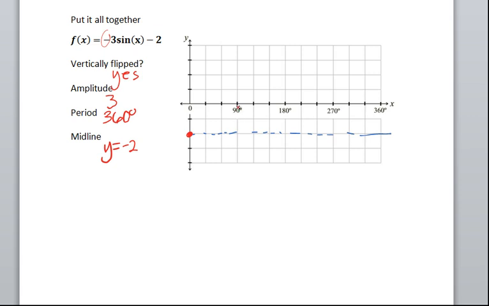So that means that I have to go up 3 from my midline, and then back at 180 I'm at my midline again, and then at 270 I go down 3, right? So that's what I meant by I'm off the graph. And then when I'm at 360 degrees, I'm back at the midline. And so that is the graph of f of x equals -3 sine x minus 2.